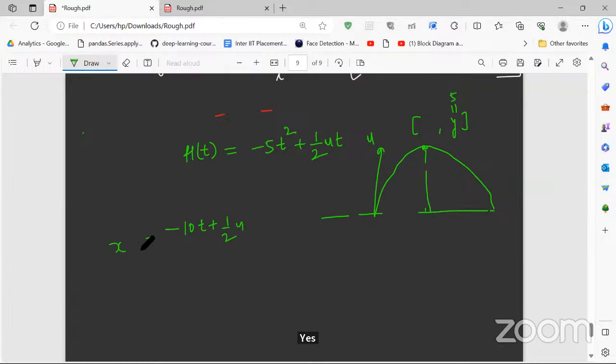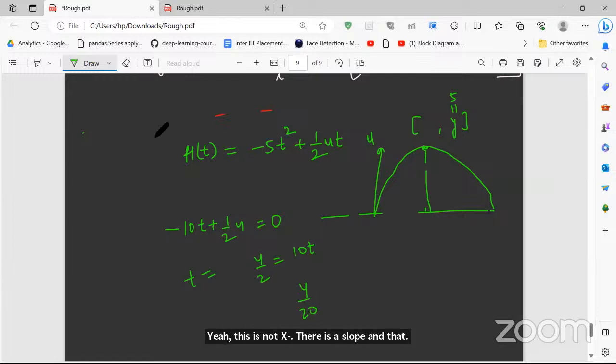Oh, but this is not the x coordinate, this is the slope at that point. So you have to equate it to 0: minus 10t plus half u equals 0. U by 2 equals 10t, and then t equals u upon 20.